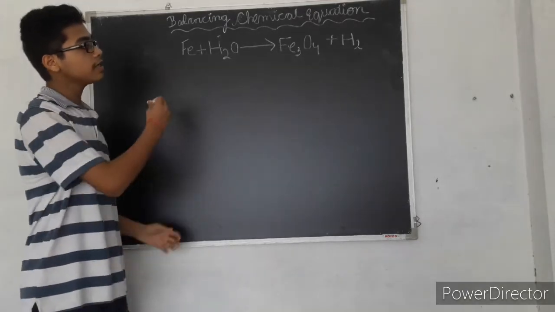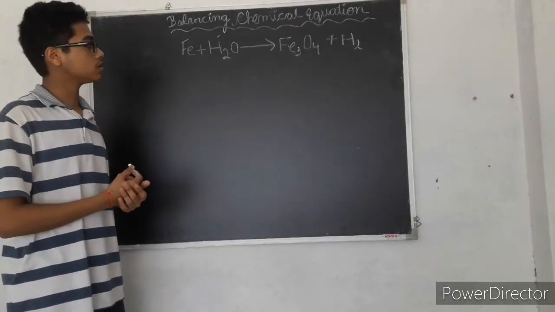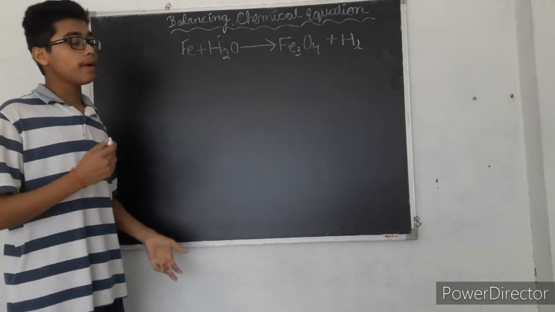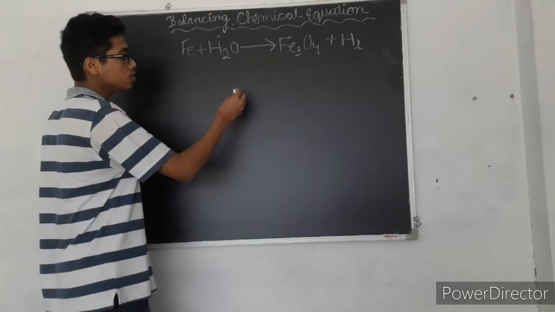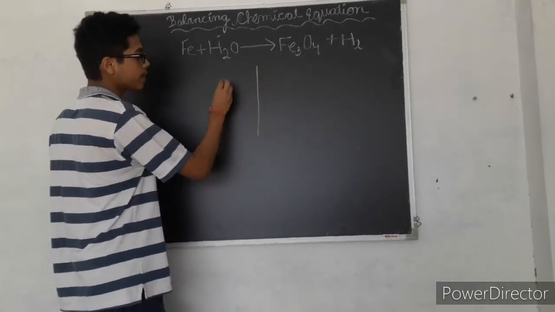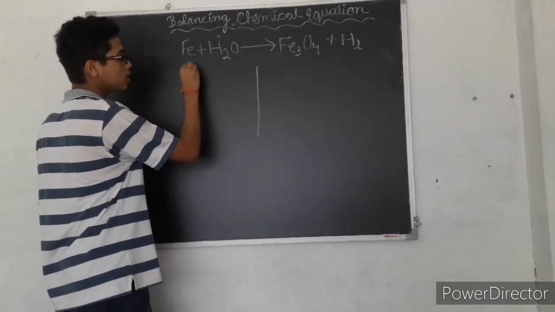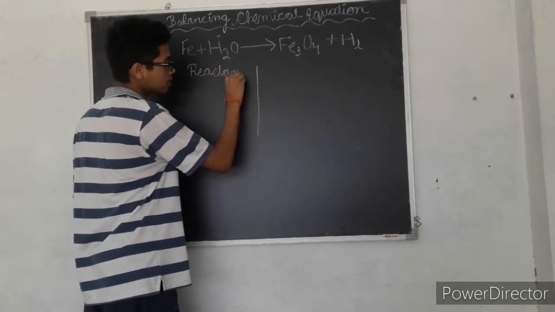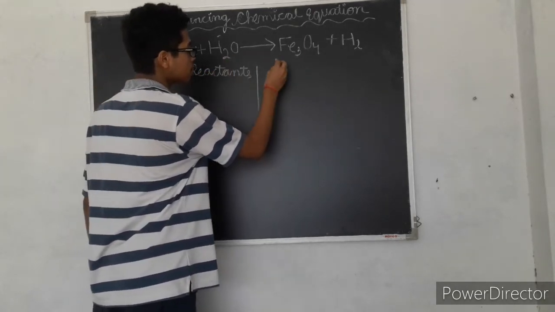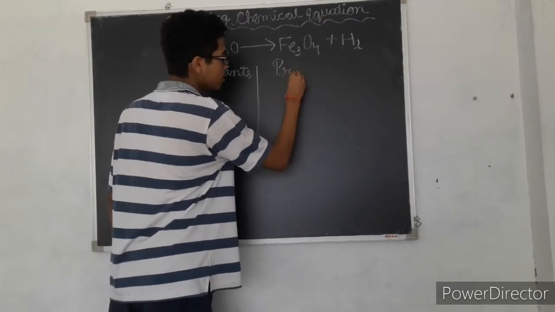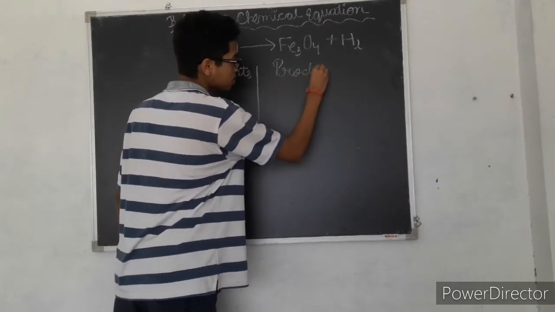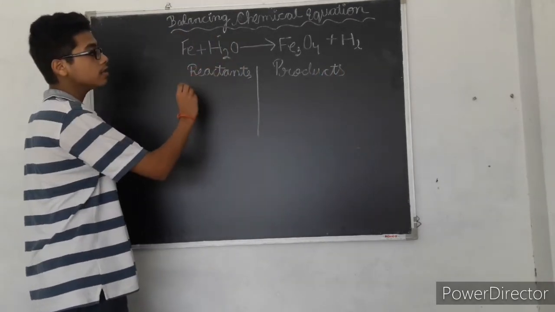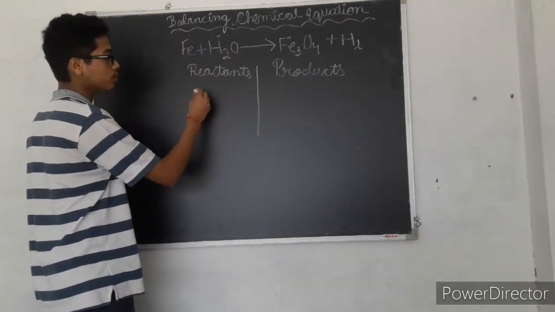So I have written an unbalanced chemical equation. Let us balance this chemical equation by the hit and trial method. First we will make a column, and on the left side we will write reactants, on the right side we will write products, and now we will write the symbols of the elements on both the sides.